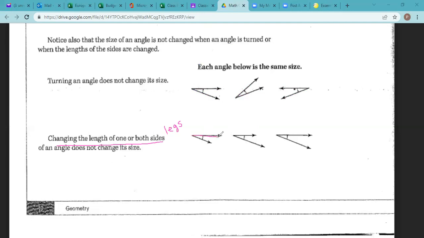This one right here, they're making one of the sides slightly longer. The other one's pretty short. This one right here, vice versa. The one side on the bottom is much longer and it's stretched out. The one on the top is shorter. Now the third one, they have stretched both of the legs or both of the sides out, but it still remains to be the same degree angle.